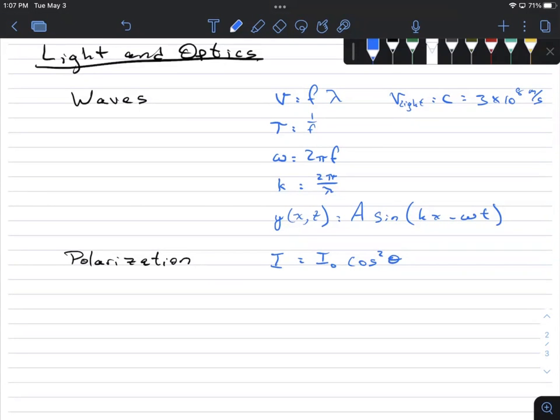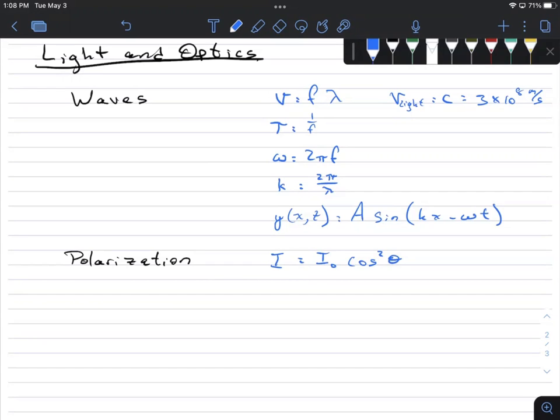Now, the one exception to this rule is the special case where you have unpolarized light. If the light starts unpolarized, then the first filter does not get a cosine squared. The first filter gives you 1/2. But then after that, everything else gets a cosine squared because now you're polarized.